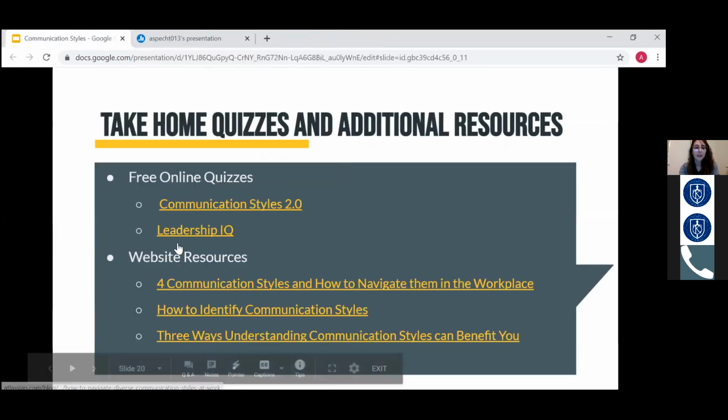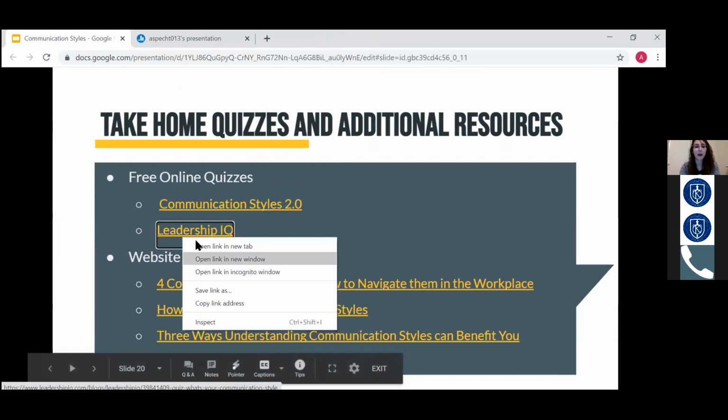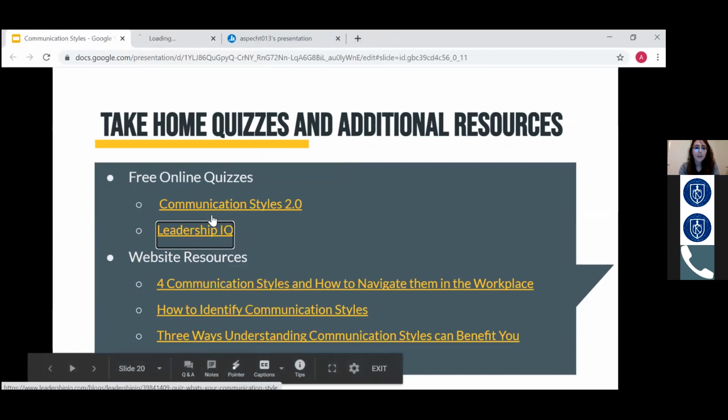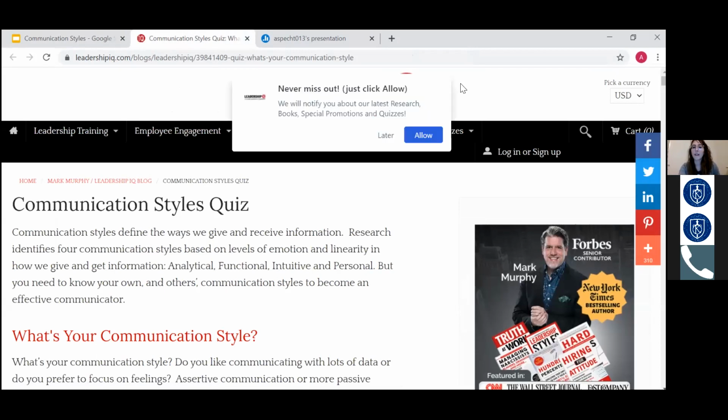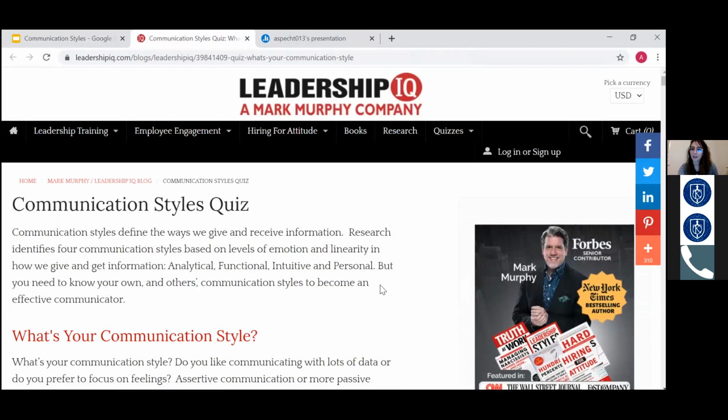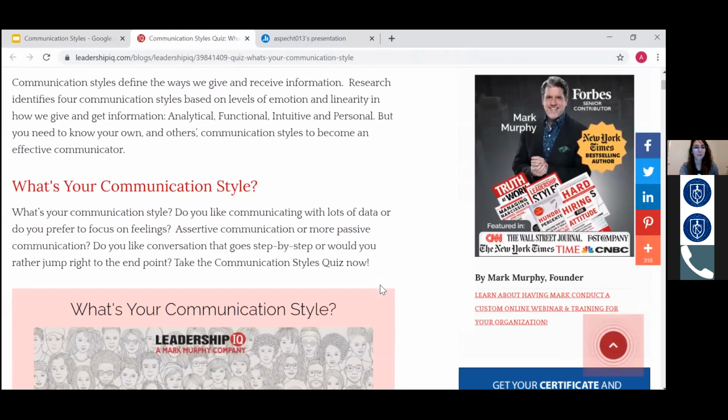The other link is from Leadership IQ. And this is more oriented towards our leadership model of communication styles that we provided today in our workshop. They may be under different names. Names tend to be switched depending on what resources you looked at.